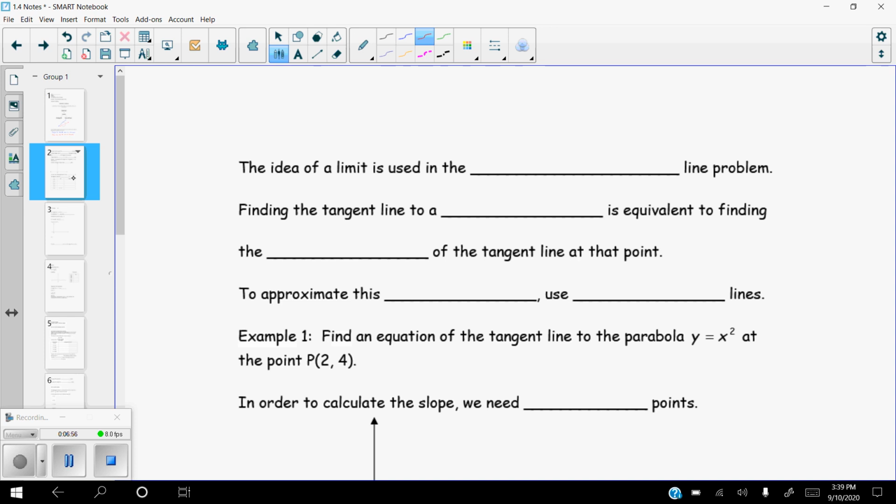All right, so the idea of a limit. The idea of a limit is used in the tangent line problem. Finding the tangent line to a specific point is equivalent to finding the slope of the tangent line at that point.